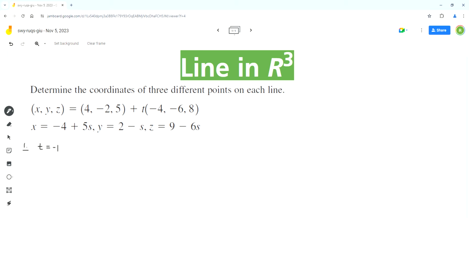So we should sub in t as -1 in this equation. Next, we should multiply the components of the vector -4, -6, and 8 by -1.